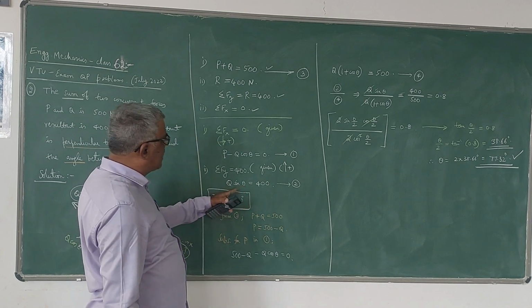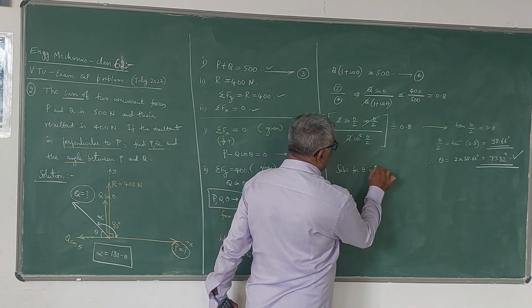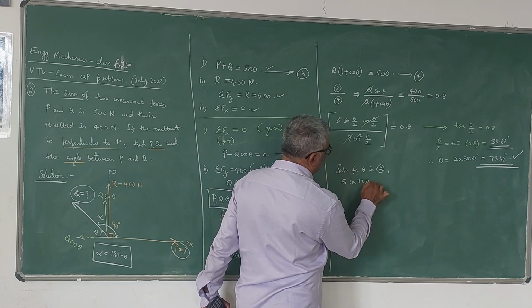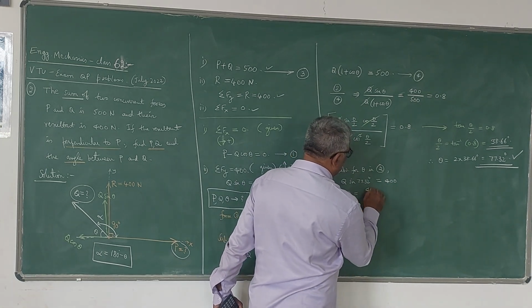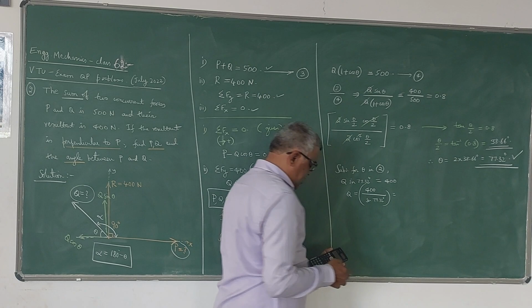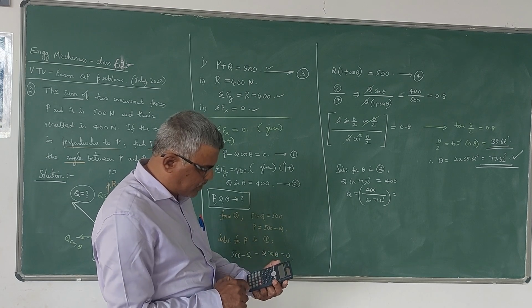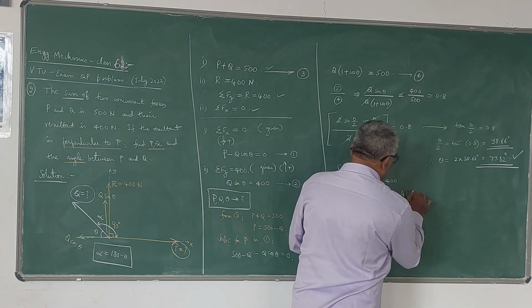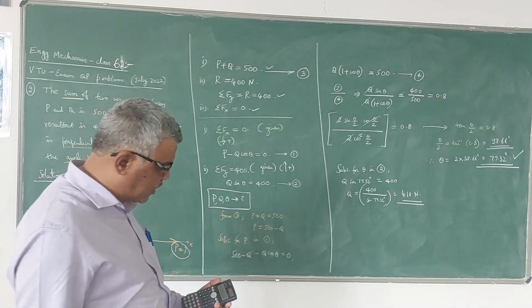Since I know the value of theta, I will use equation 2 to find out Q. Substituting for theta in equation 2, Q into sin 77.32 degrees is equal to 400, or Q is equal to 400 divided by sin 77.32 degrees, which is 409.99, or you can take it as 410 Newton. So that is the value of Q.